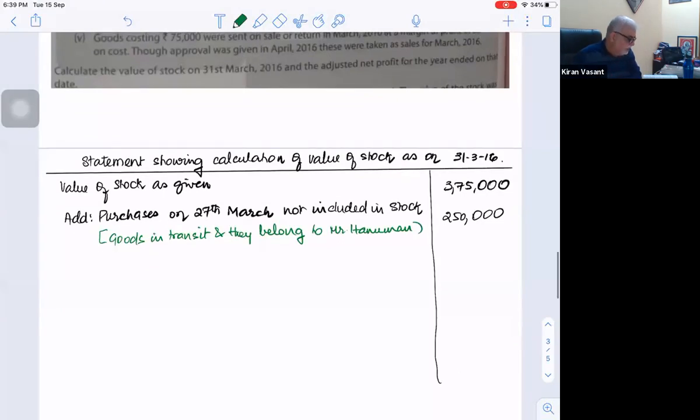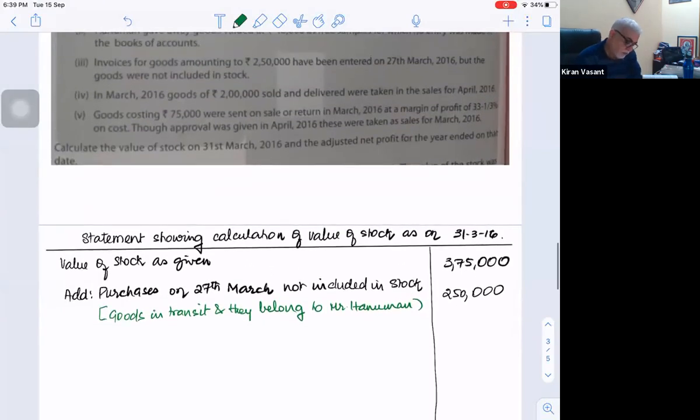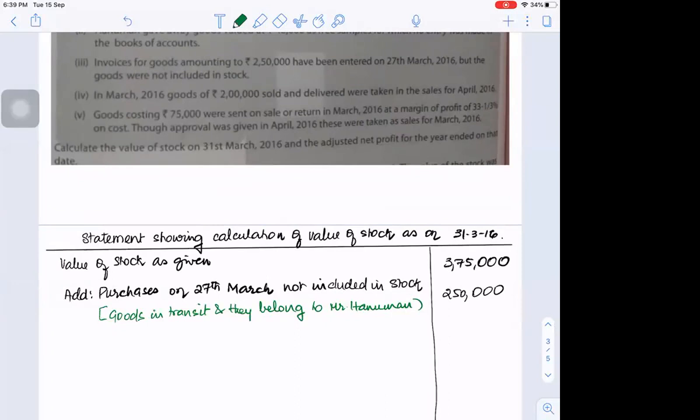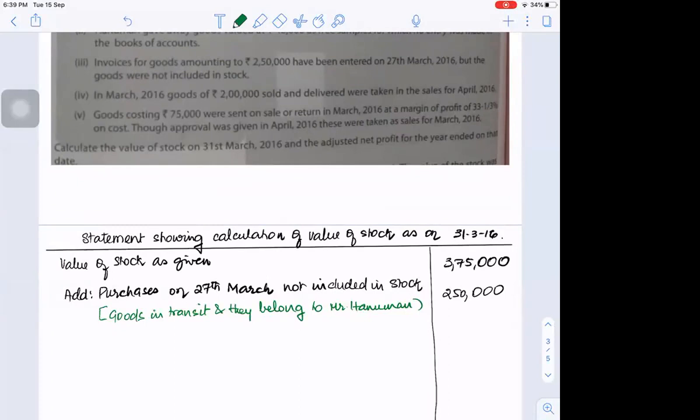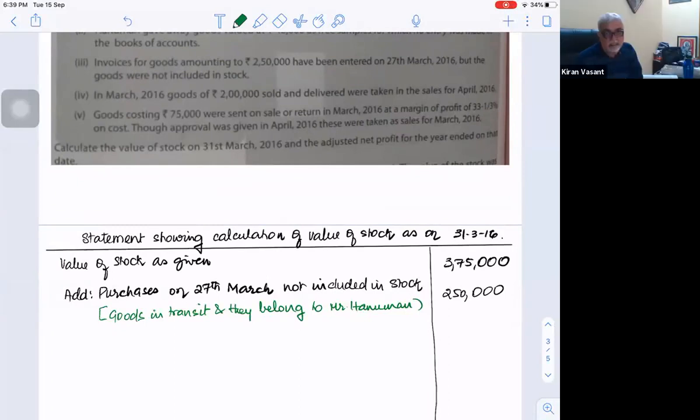All right. Then goods costing 75,000 were sent on sale or return at a margin of profit of 33 1/3 on cost. The approval was given on April 16, but on 31st March, to whom does the stock belong? To Mr. Hanuman only, the proprietor. Though lying with the customer, it belongs to us. And only the cost is given, so don't adjust anything.